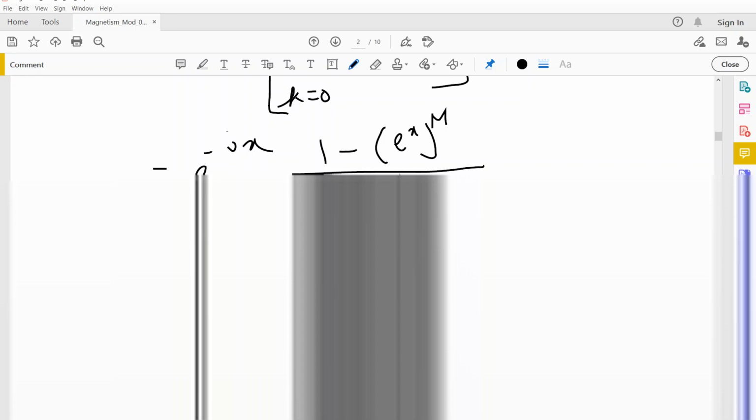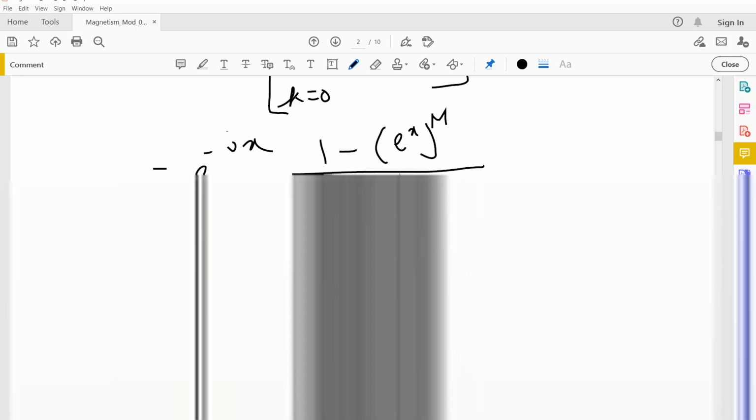Now we can write this also in terms of 1 by Z dZ by dB. We are just using the chain rule, and dB by dx. You can see the chain rule applied here. Why? Because we know what this quantity is: x is nothing but g mu B B by kBT.